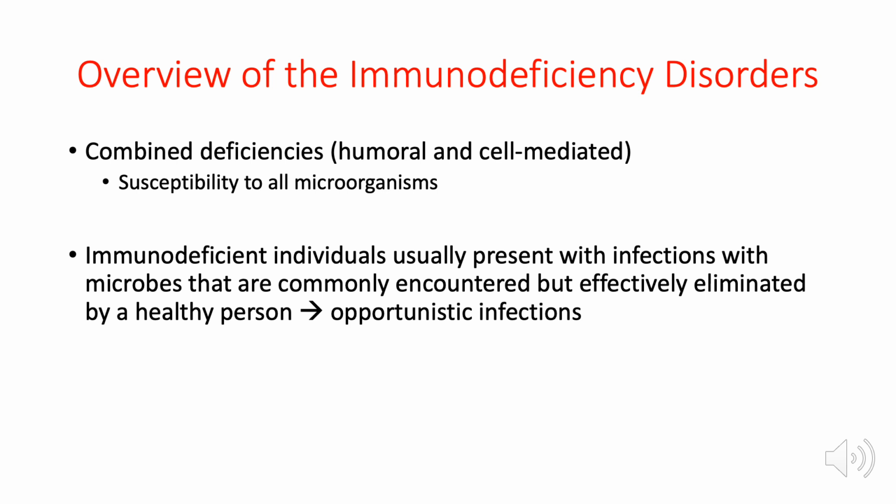Immunodeficient individuals usually present with infections with microbes, take note of this, that are commonly encountered but effectively eliminated by a healthy person. What is mild to an immunocompetent person may be severe and life-threatening to an immunocompromised patient.